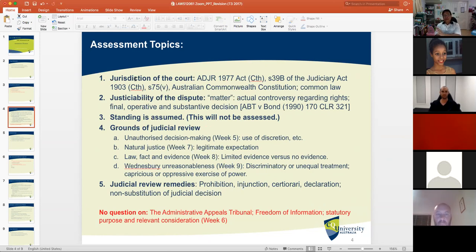Justiciability of the dispute. As I mentioned earlier, there are two critical matters here. One is that there has to be a matter, because under Australian constitutional law, the court's judicial power can only be exercised in relation to matters. So that's clearly under the Constitution. So a matter: there has to be an actual controversy regarding rights.